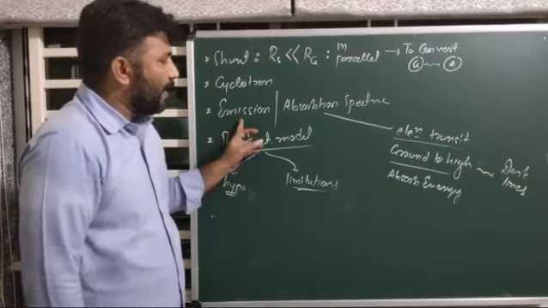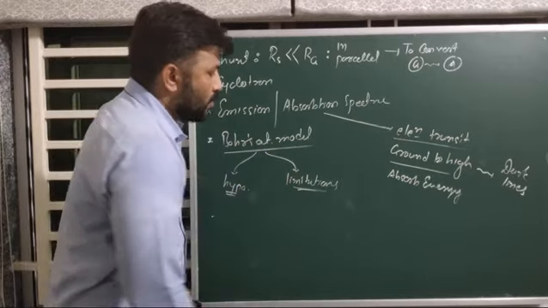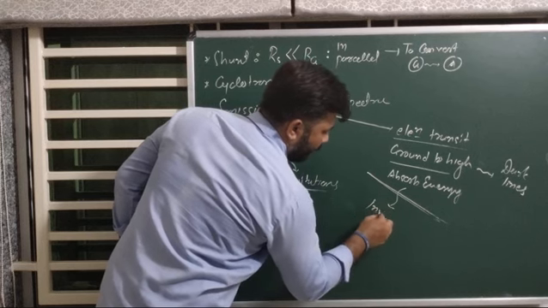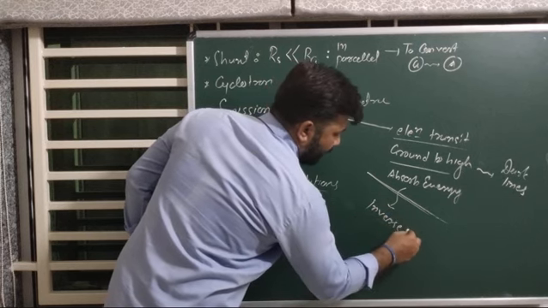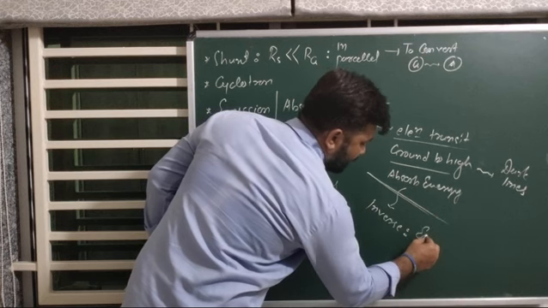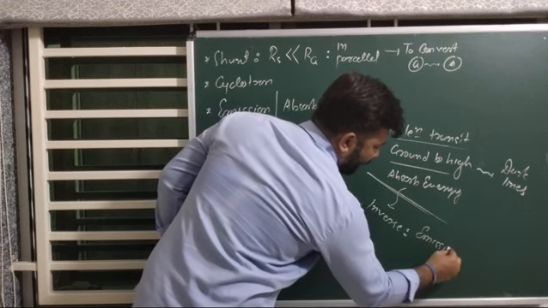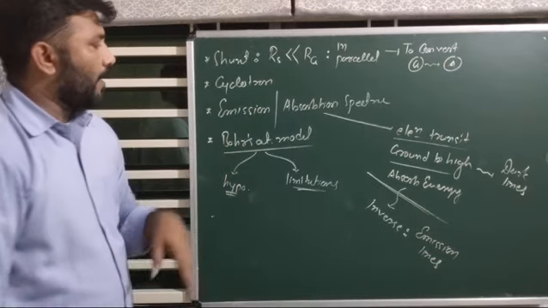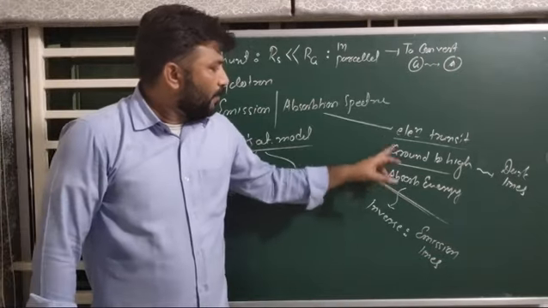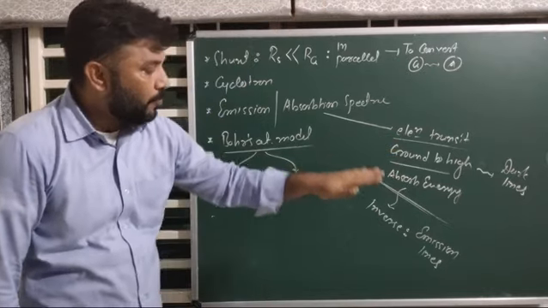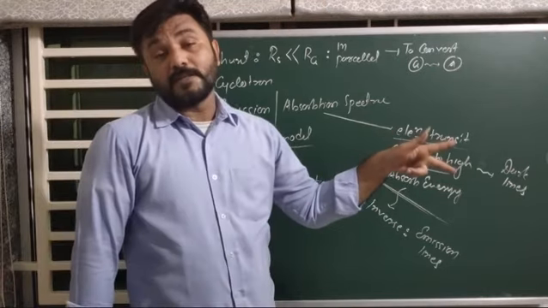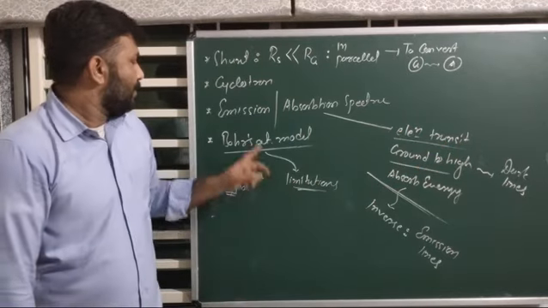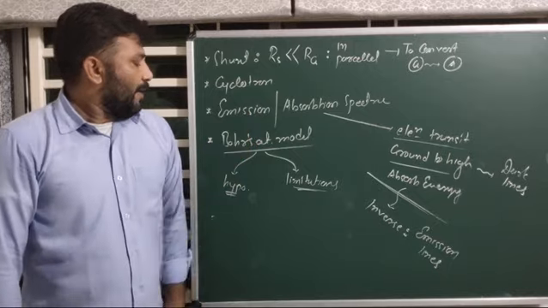And for emission spectra, vice versa. So if you take the inverse of this, you will get emission lines or emission spectra. In emission spectra, the electron transits from a high energy level to a low energy level and emits radiation. And when it emits radiation, you will get the emission spectra.